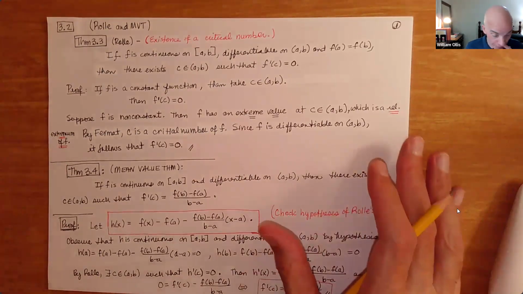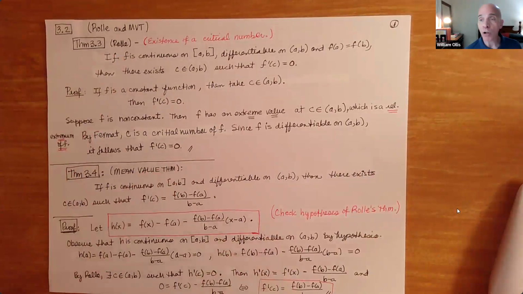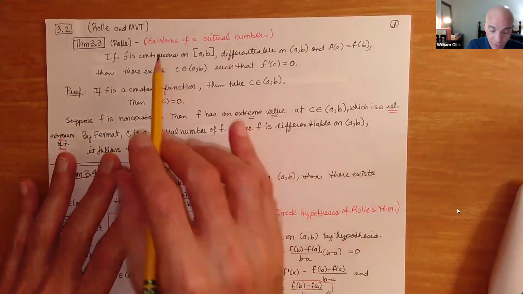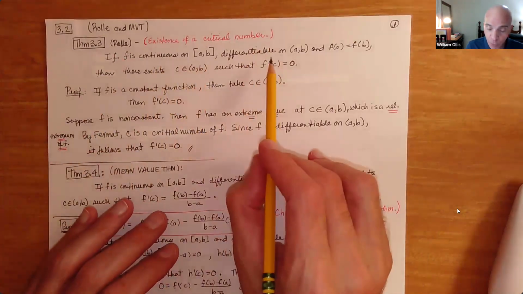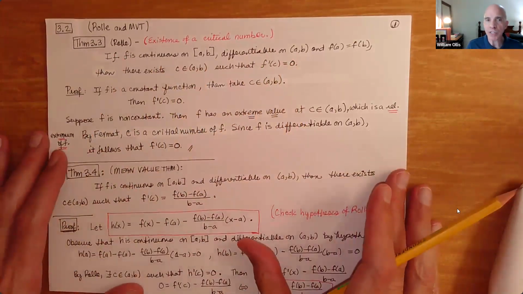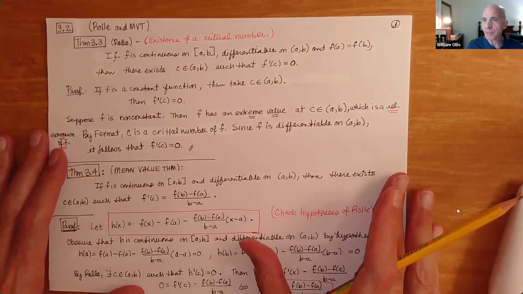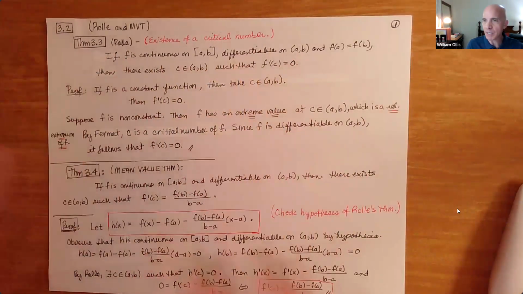Now, the very first one that we want to talk about is Rolle. Again, Rolle's theorem. Now, like I said before, the hypotheses are very simple. We're going to start with f being continuous on the closed bounded set and differentiable on the open set. Now, you might be thinking we could just replace differentiability on the closed set for these two and be done with it, since the differentiability implies the continuity.